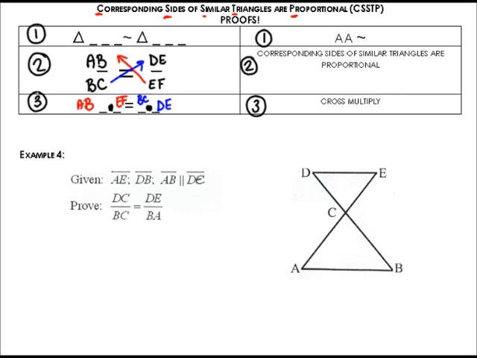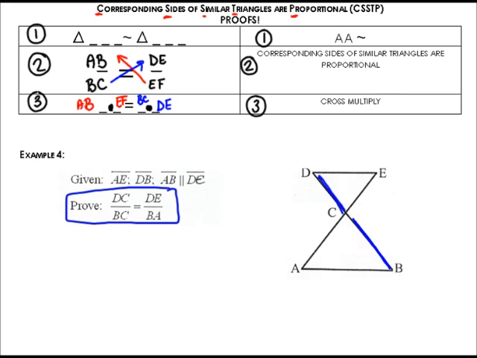But from this, we have to figure out what two triangles we need to prove are similar. So looking at the proof statement first, I want to figure out what two triangles I need to prove are similar first before I can prove my last step, which says that the sides are proportional. So looking at the sides, I have DC over BC.